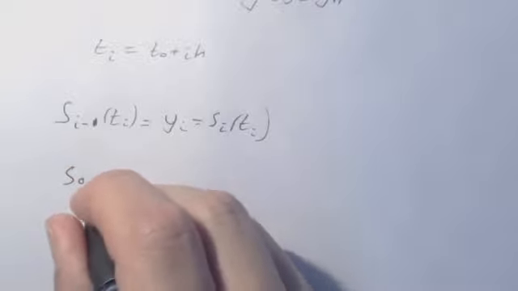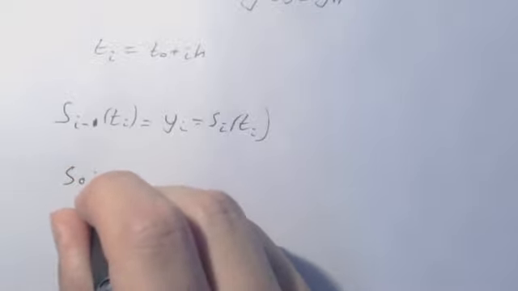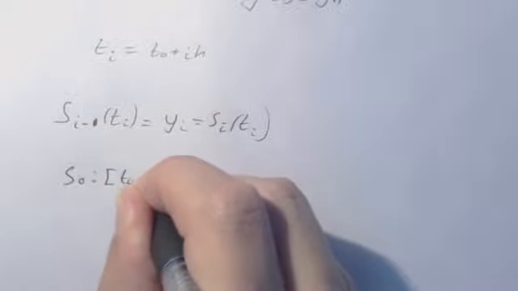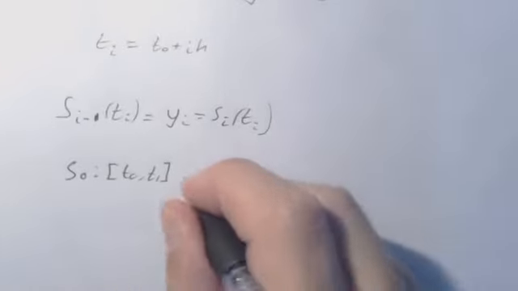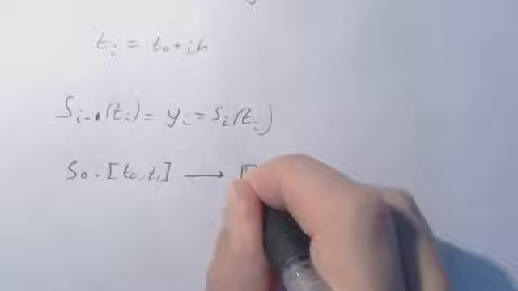S0 is from [t0, t1] to, say, the real numbers.